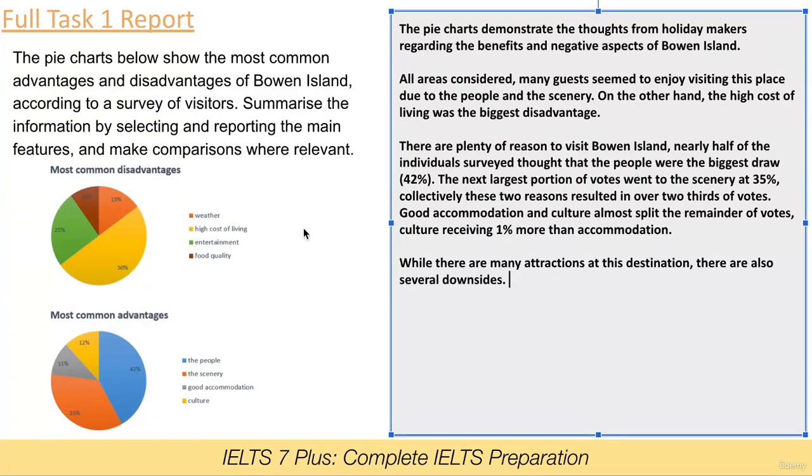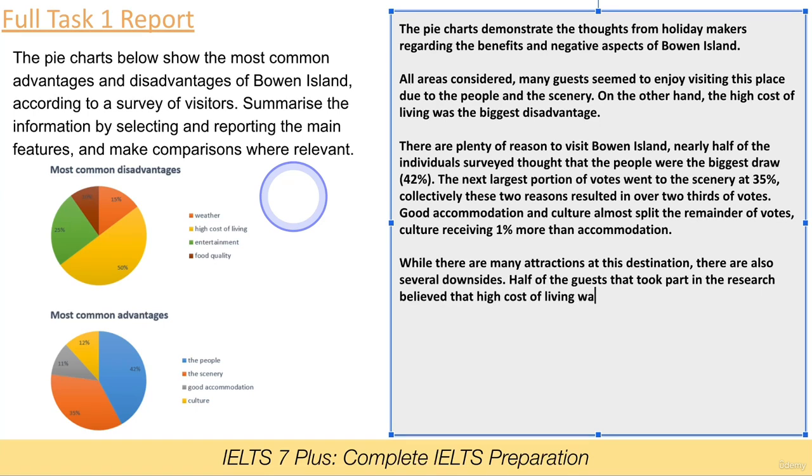So let's jump in then and state that half of the guests who frequented the island thought that the high cost of living was the largest problem or issue. Half of the guests that took part in the research believed that high cost of living was the biggest issue.